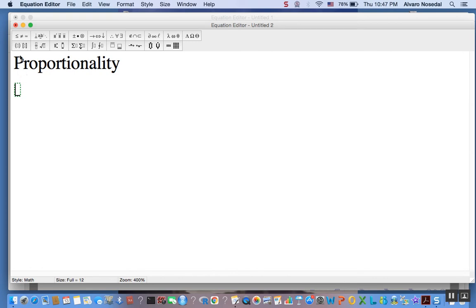Okay. So, as I was saying, there's a symbol which looks like an alpha, but it's not an alpha. This guy here.